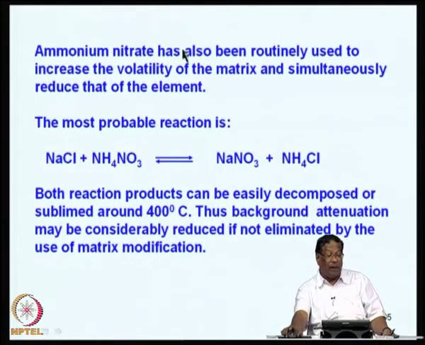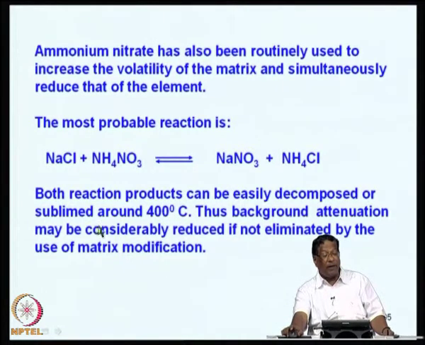So, the proposition of ammonium nitrate as an ashing aid has gained acceptance for quite a long time now. Both reaction products, NaNO3 and ammonium chloride, can be easily decomposed and sublimed around 400 degrees centigrade.